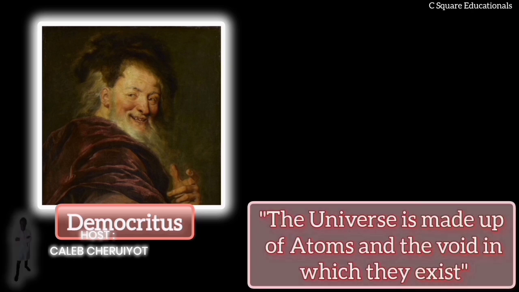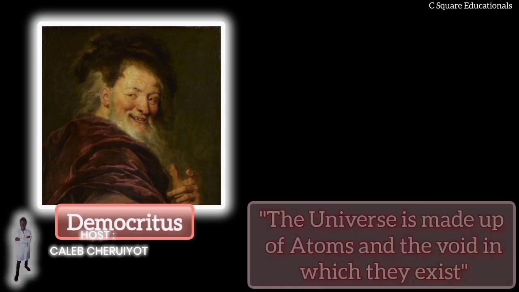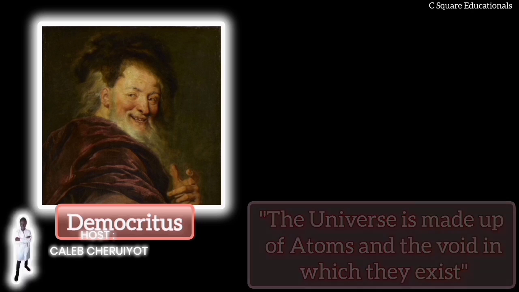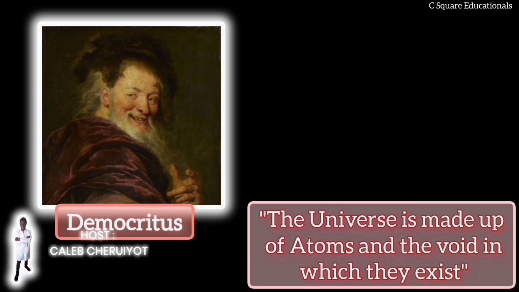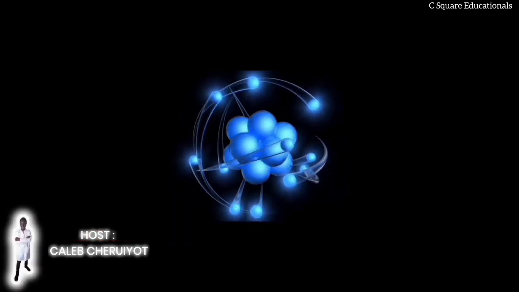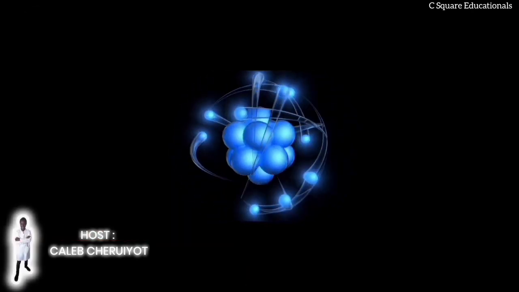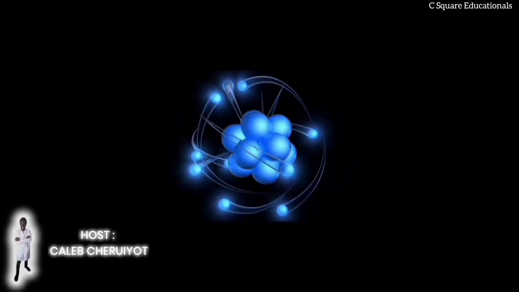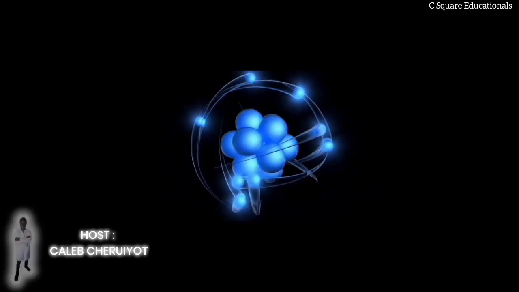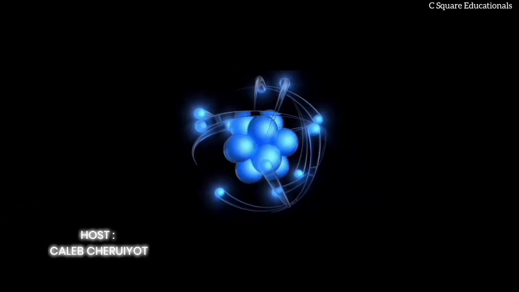Today, there is solid evidence that atoms exist, and when we say that atoms exist, we really do know what we are talking about. An atom is best described as a dense and compact nucleus encircled by orbiting electrons.